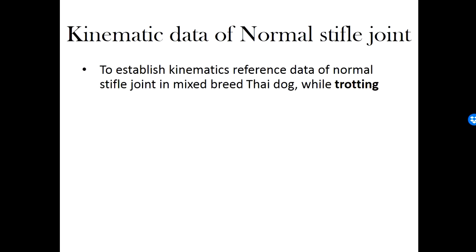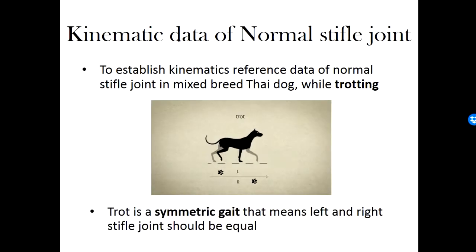From the literature, there is no kinematic reference data of the stifle joint in mixed breed Thai dogs. So this study aimed to establish kinematic reference data of the normal stifle joint in mixed breed Thai dogs while the dog is trotting. Because trot is a symmetric gait, the left and right stifle joints should be equal.